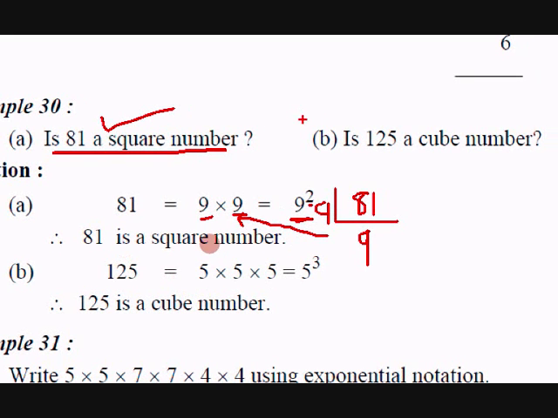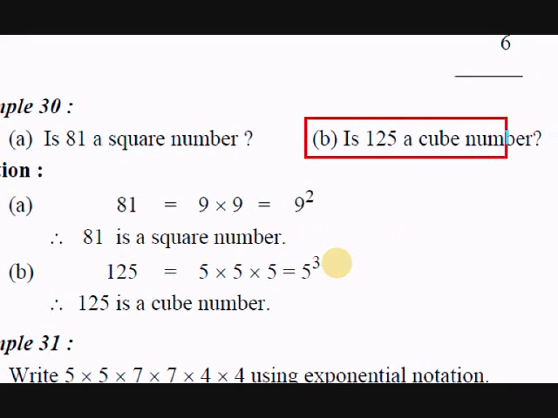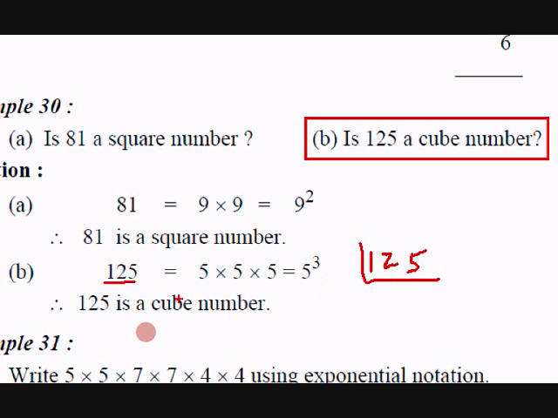Is 125 a cube number? This is the second question we are taking up. Write 125. This is called prime factorization. We put it inside the box. Our gut feeling says 5 would be a better guy because it ends with 5.